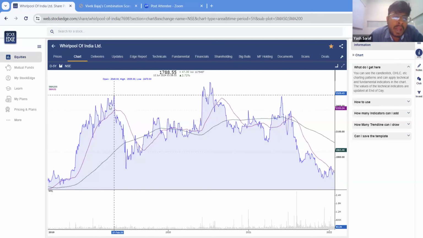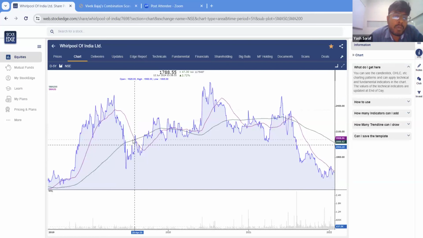And then again the 50 SMA started falling, and then it came over here and crossed the 200 SMA from above, which is a death crossover. And you can see at the price of 1944, if you had planned the entry and exit from just this scan itself, you would still have seen a 20% increase.